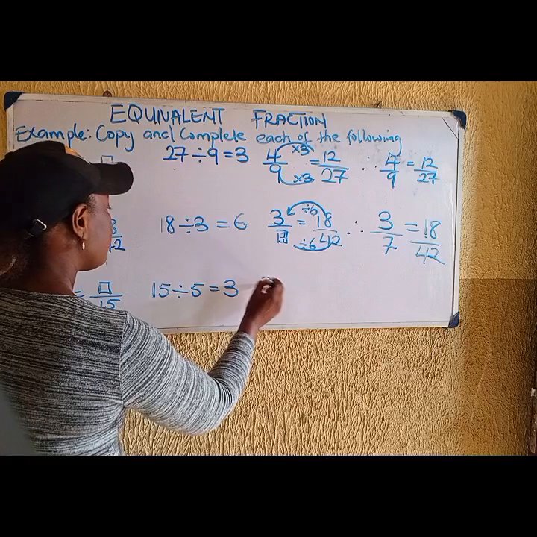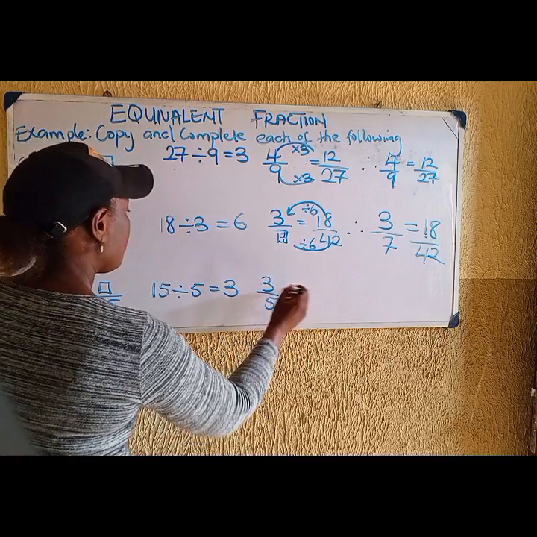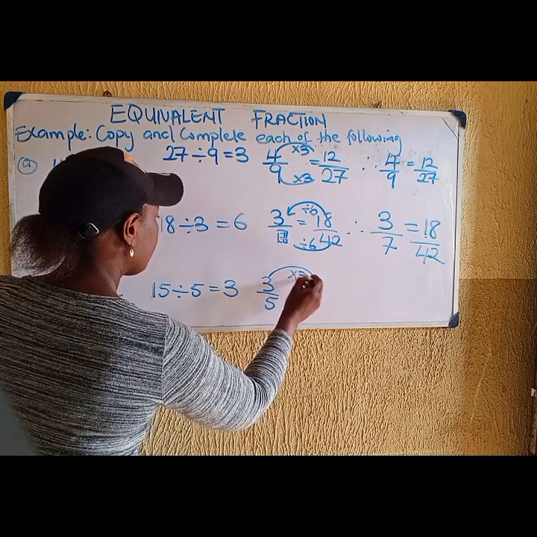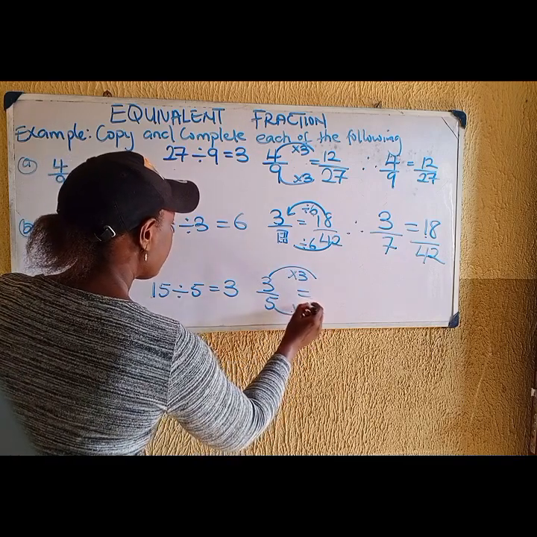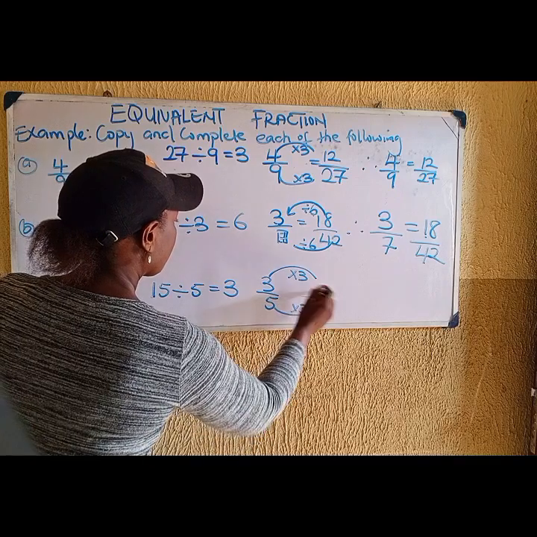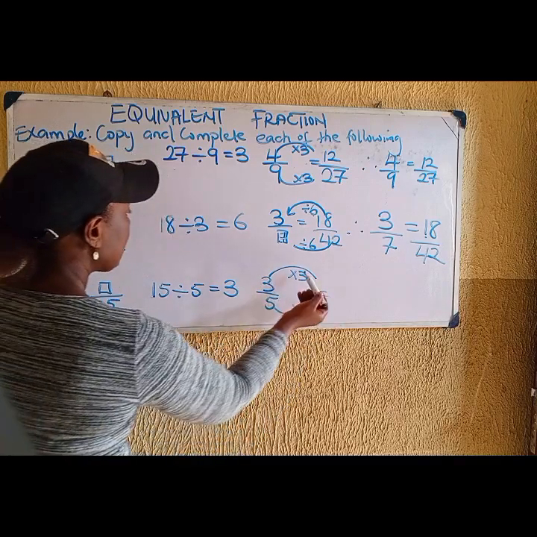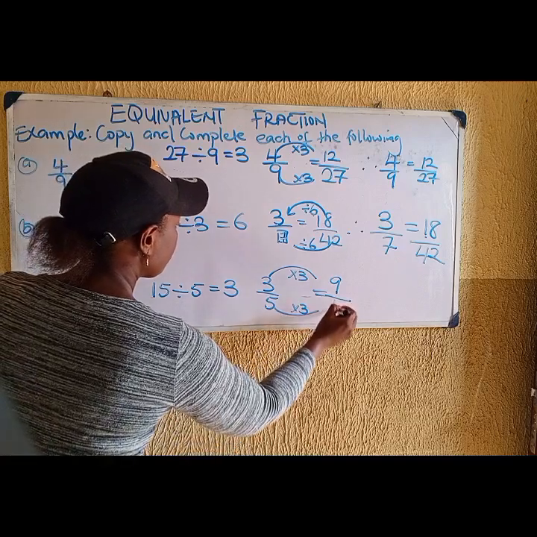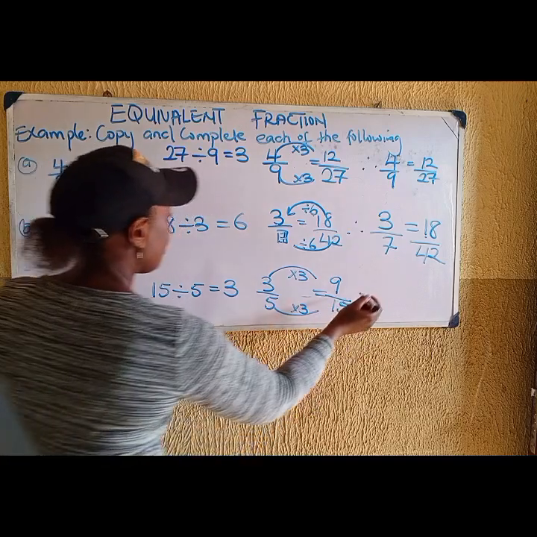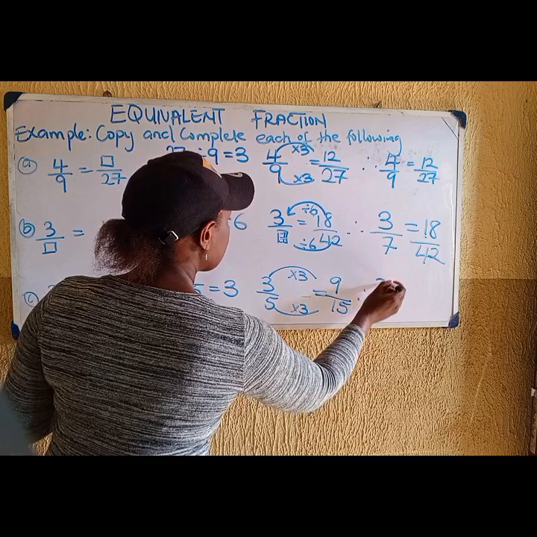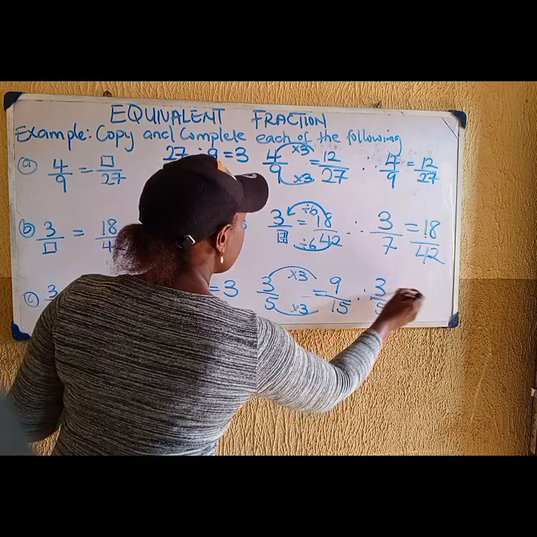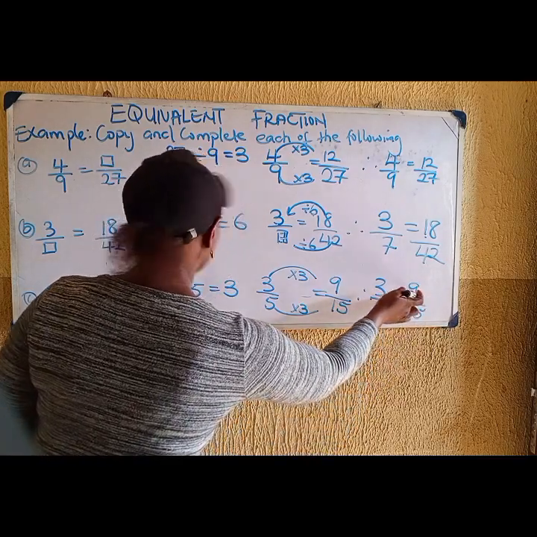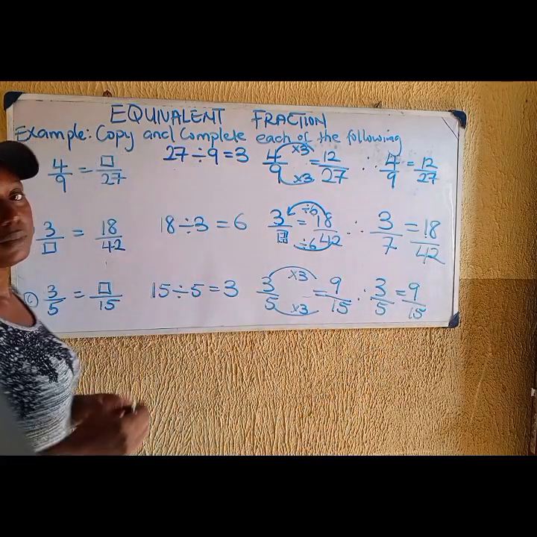So we have 3 over 5, which is equal to, we multiply up by 3 and multiply down by 3. 3 times 3 will give us 9, over 5 times 3 will give us 15. And finally, we have that 3 over 5 is equal to 9 over 15. And what we are looking for is 9. I hope it's clear.